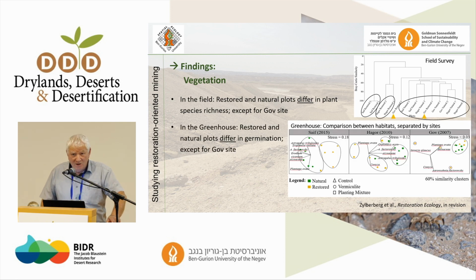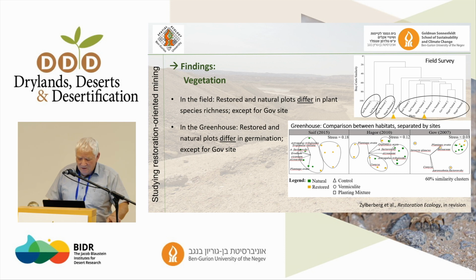In the greenhouse, in a lot of work that Tom did, the restored and natural plots differ in germination. So we took soils from the different areas, natural and restored, put them in the greenhouse, and let them germinate with irrigation, water, and good conditions.